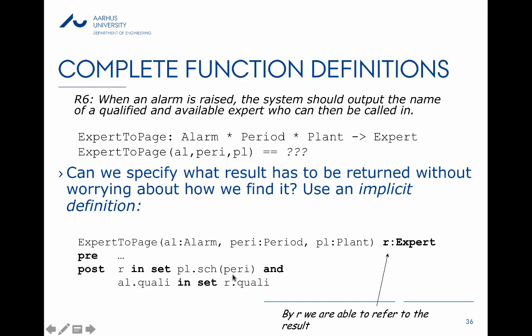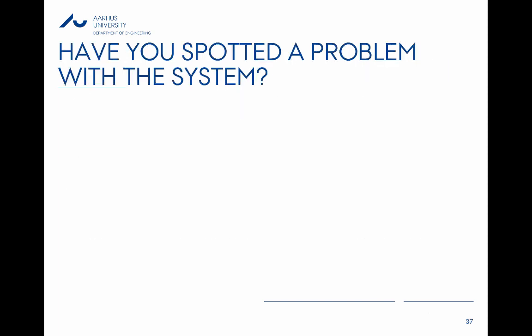If I look up in the schedule, then in the plant, the expert should be one of those who is on duty. But in addition, it should hold that the alarm, if we take the qualification of the alarm, should be one of the qualifications that the expert possesses. So this is exactly saying what we want, not how we want to find that particular person.